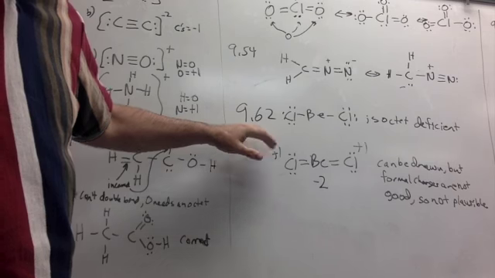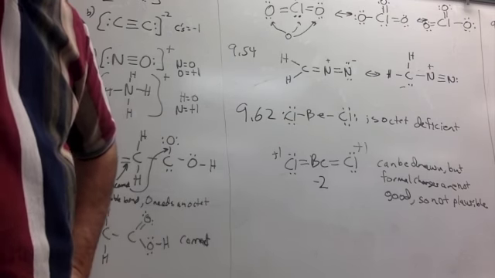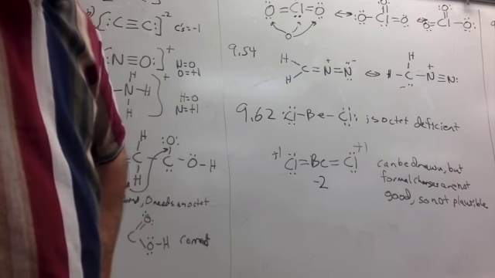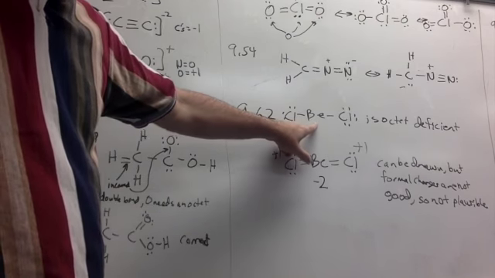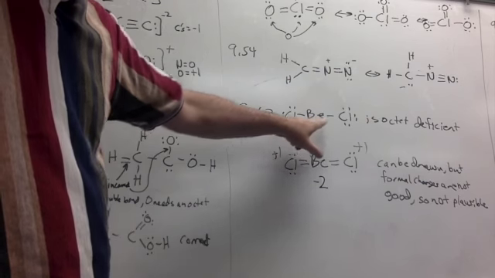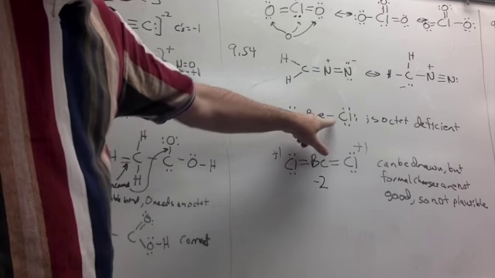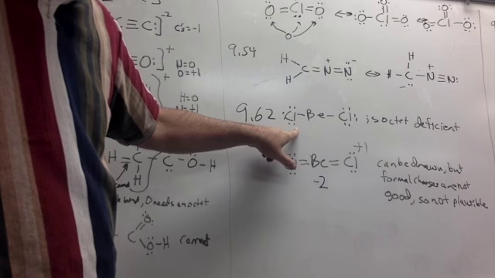9.62 asked us to look at beryllium dichloride, BeCl2. This is another exceptional octet deficient example, because for BeCl2 to have good formal charges, you actually want the Be to have only 4 electrons here. So that's going to be 2 minus 2 is 0, and chlorine 7 minus 1 minus 6 is 0.